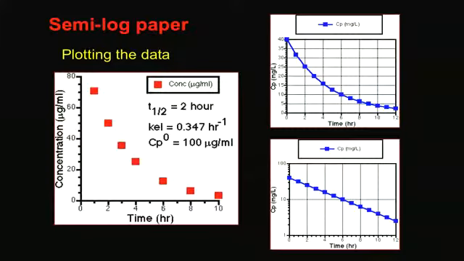CP0 there, you see, is 100 micrograms per milliliter. So the 0 there says at the beginning of time, when the experiment starts, I have 100 micrograms per milliliter, and again, this is a concentration. Notice micrograms is a unit of mass, milliliters is a unit of volume. So concentrations are mass or amount divided by volume.